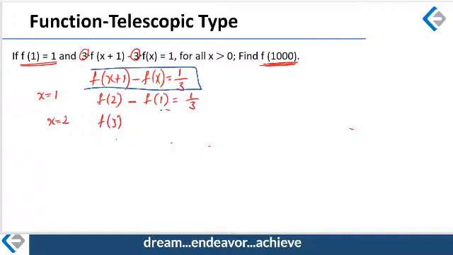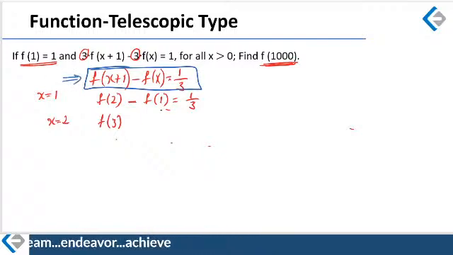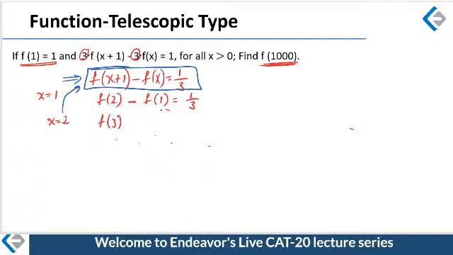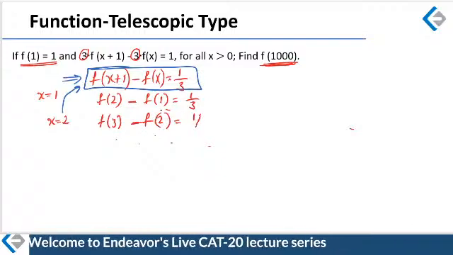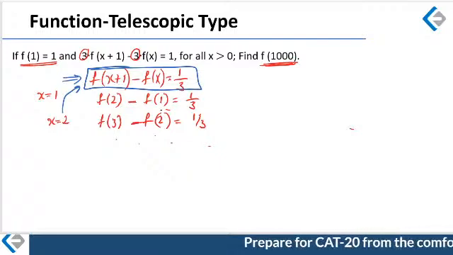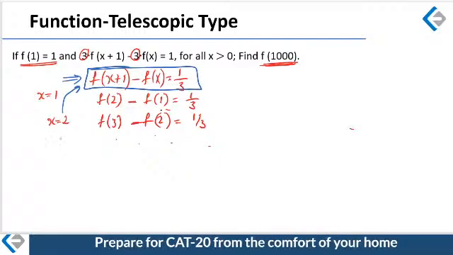Everything in this boxed one is my parent, and I'm putting x is equal to 2 into that. Therefore f of 3 minus f of 2 is also equal to 1 by 3, because the outcome is not changing. We also call them constant functions. Now put x is equal to 3.